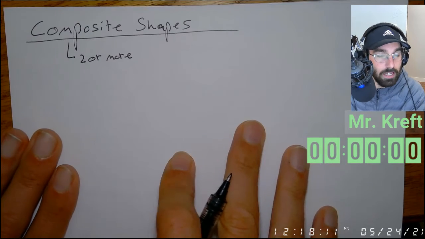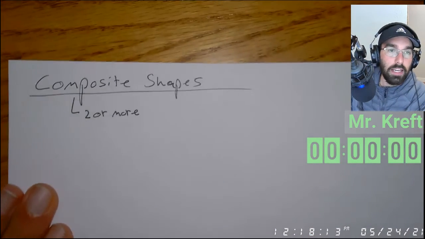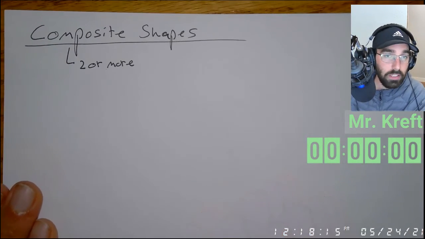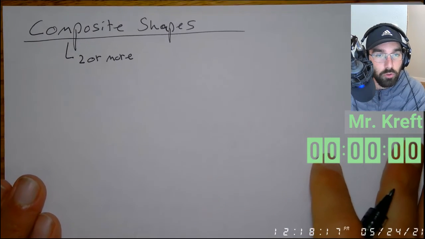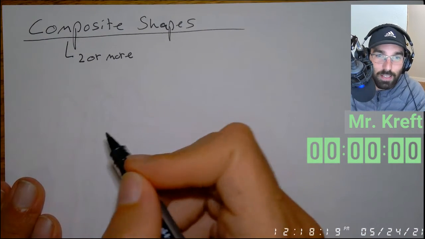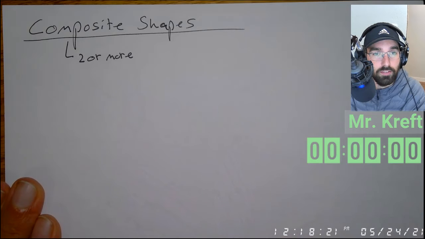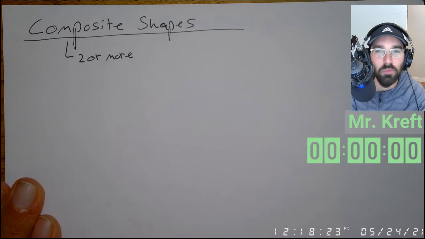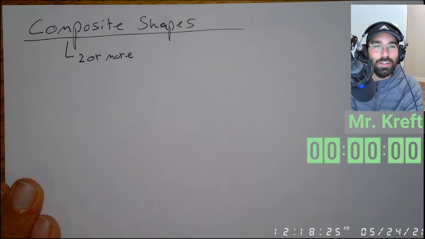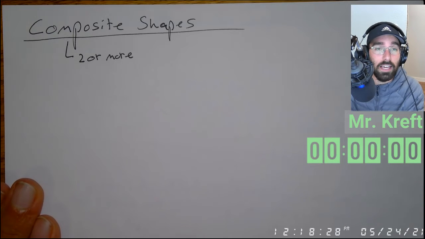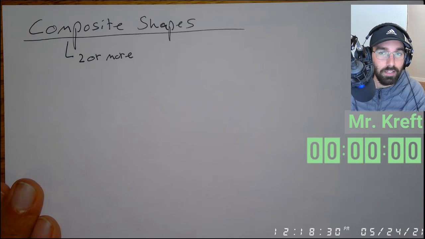Now, we've talked about this before with video games, but the way video games and 3D modeling work on the computer is that everything in a 3D model is a composite shape, unless you're just looking at a triangle, which most people don't. It's a whole bunch of shapes put together to make a new shape.